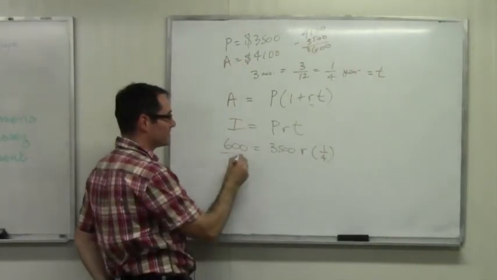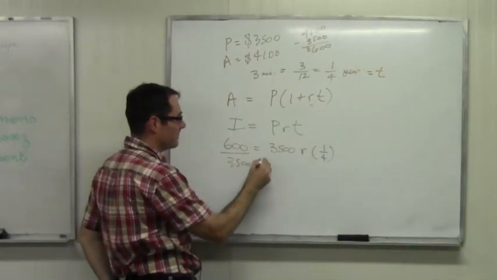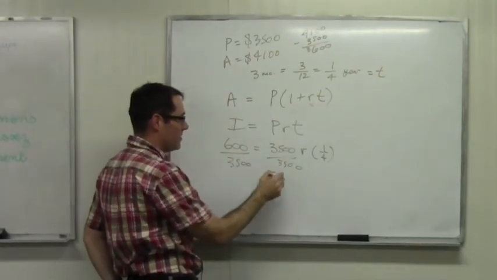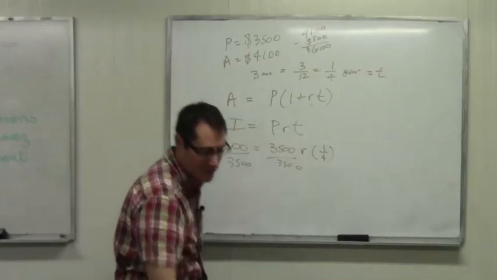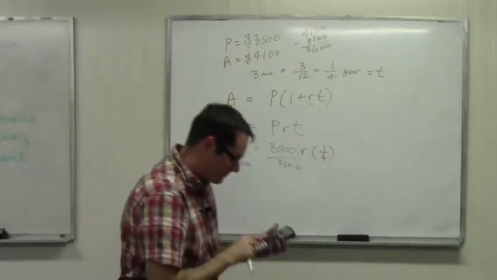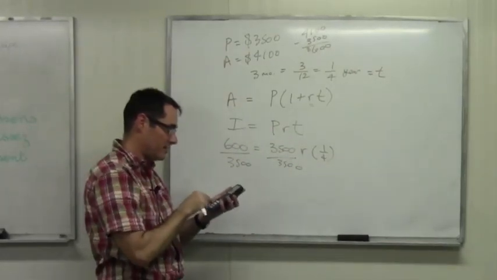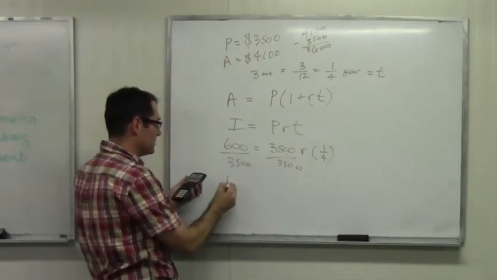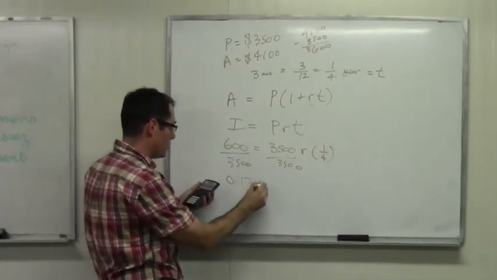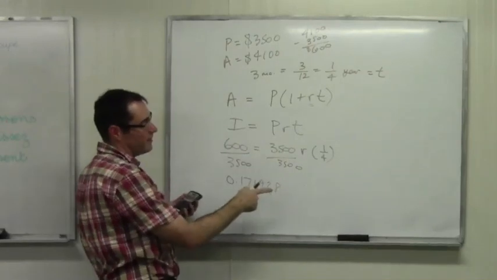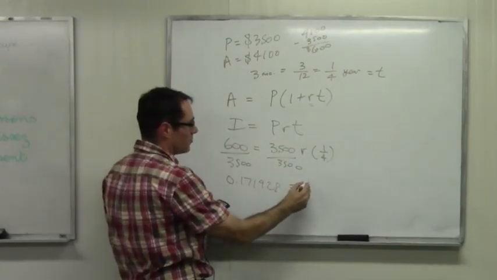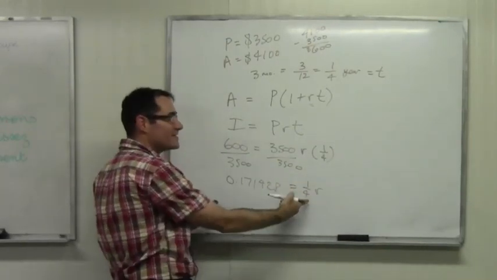If you divide 600 by 3,500, 600 divided by 3,500 is 0.171428, etc. equals 1/4 of R. Same thing as before.